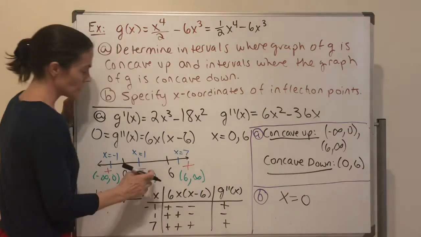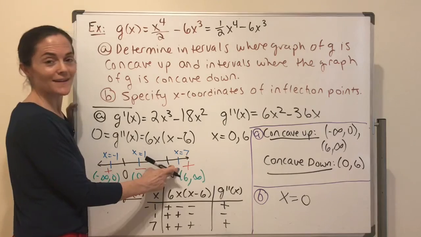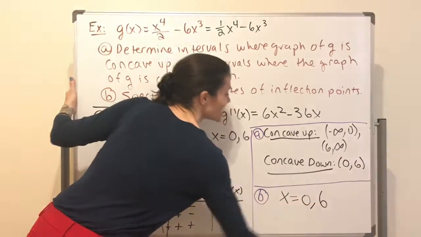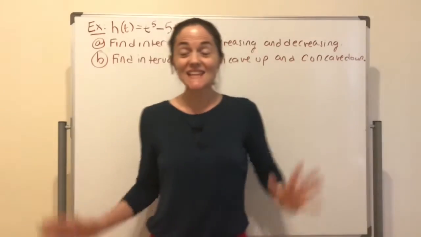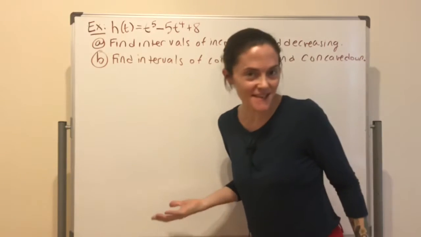And then similarly, at 6, concave down on this side, concave up on this side, x equals 6 is an inflection point.